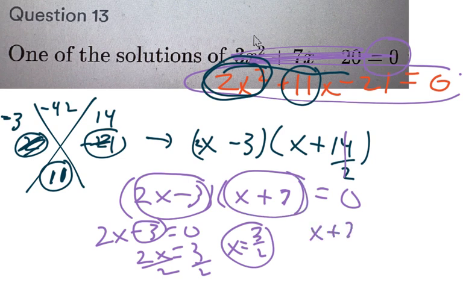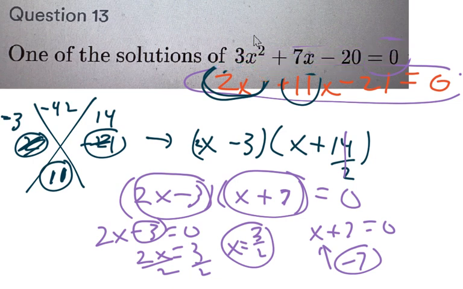Well, if x plus 7 is 0, this one's mental math. Hopefully you agree negative 7 plus 7 is 0. So they only asked for one of the solutions, but the answer is either going to be negative 7 or 3 halves in my case. Now you, right here, have a different quadratic that you need to try to factor and solve.